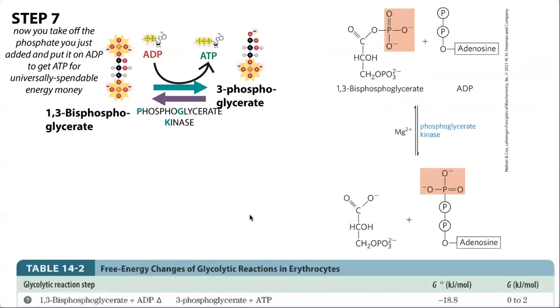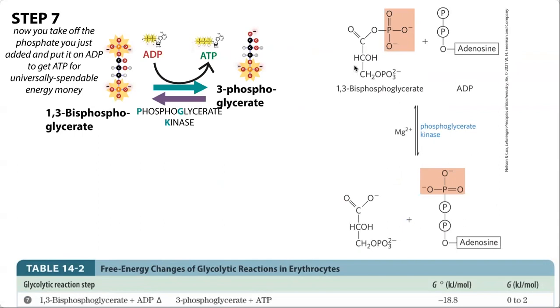And in fact, if we look at the actual free energy of this reaction in our cells, we see that it's about 0 to 2 kilojoules per mole. This is telling us that it's relatively neutral, and it will go in either direction depending on the actual concentrations that are present within the cell.